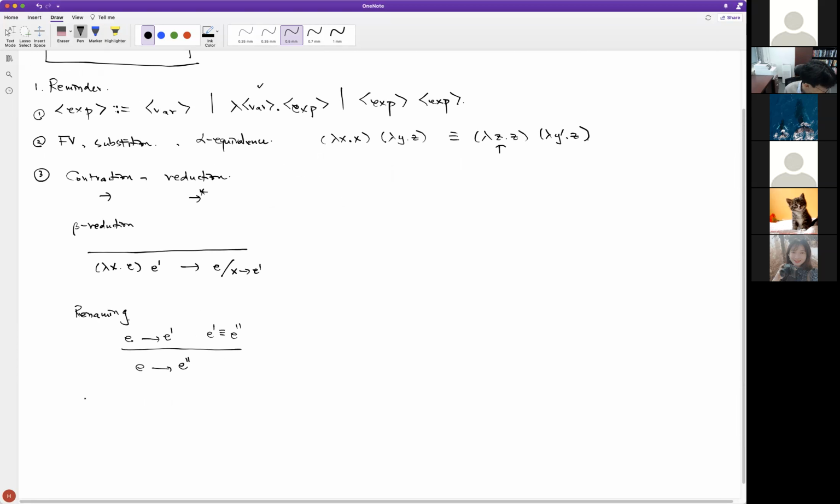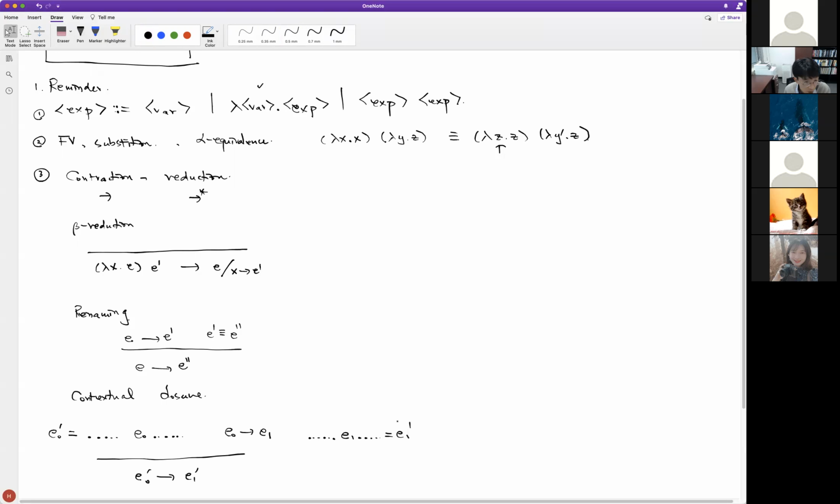And the final part is the so-called contextual closure. It says if we are given E, we can go to E1 prime if somewhere inside E0 prime there is a single occurrence of a sub-expression called E0, and E0 can go to E1 by the rules that we are defining right now, and if we replace E0 by E1, that's going to be E1 prime.